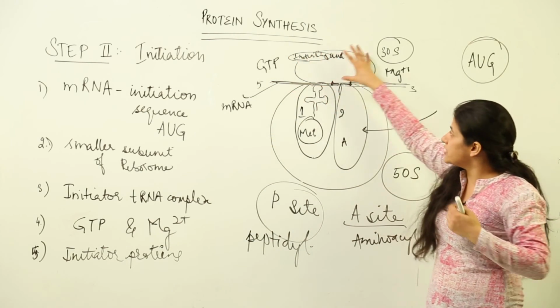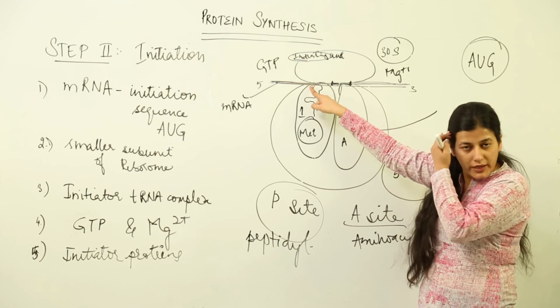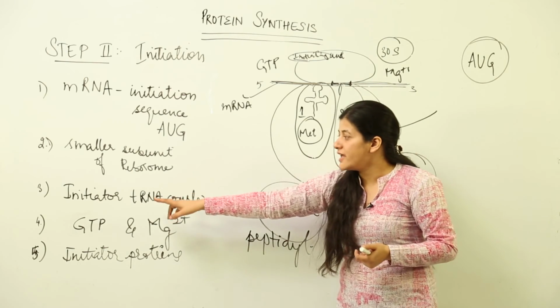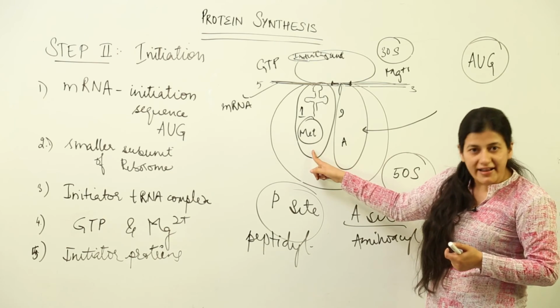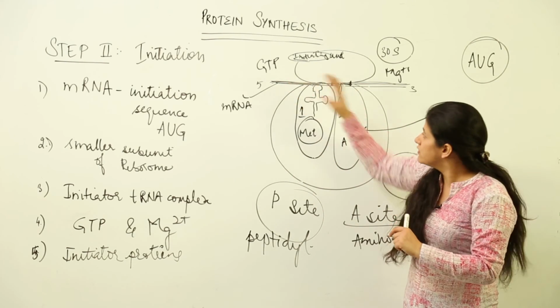These initiator proteins make this 30S subunit join with AUG, okay, at that specific site, and at the same time an initiator tRNA complex which has methionine attached to it comes and joins at that particular location.